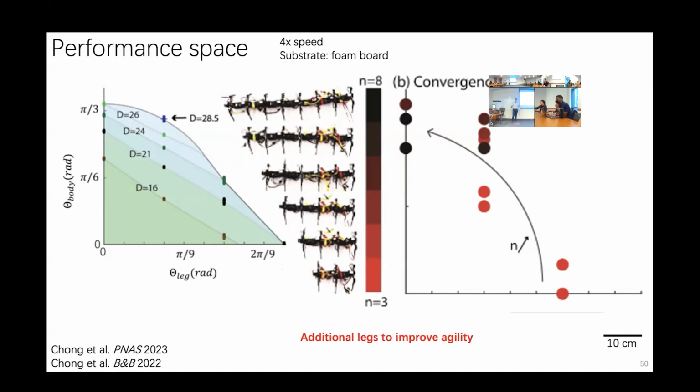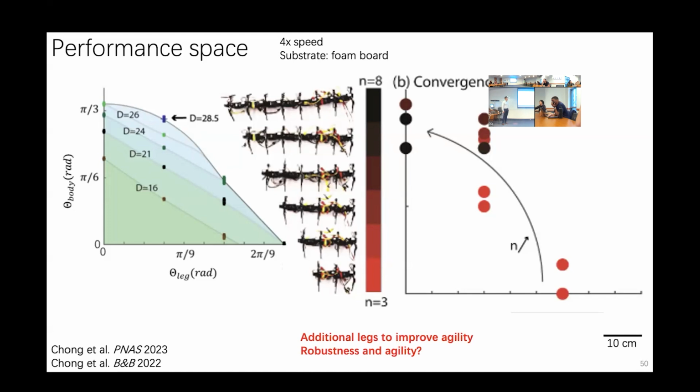So now we agree we can use the additional legs to improve agility. We can also use the additional legs to improve the robustness. Can we simultaneously improve the robustness and the agility? That will solve our problem.